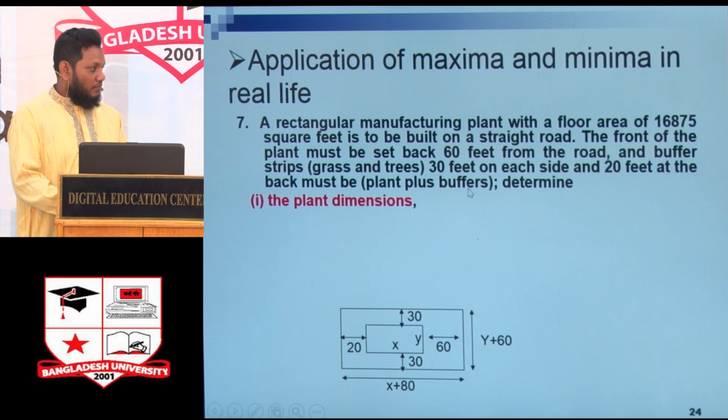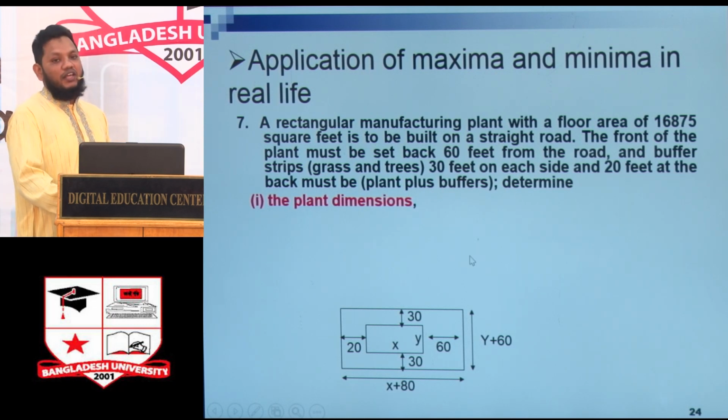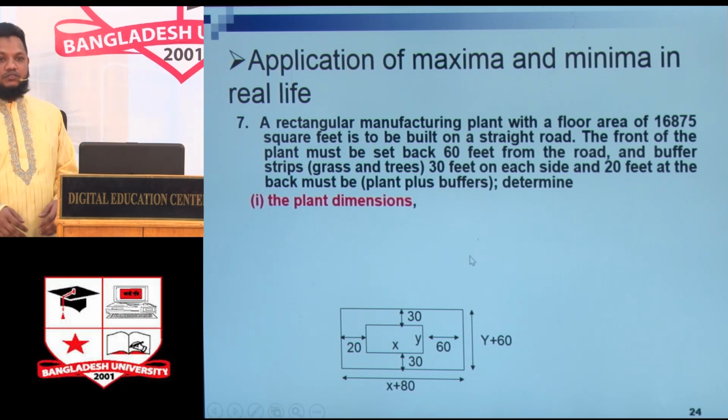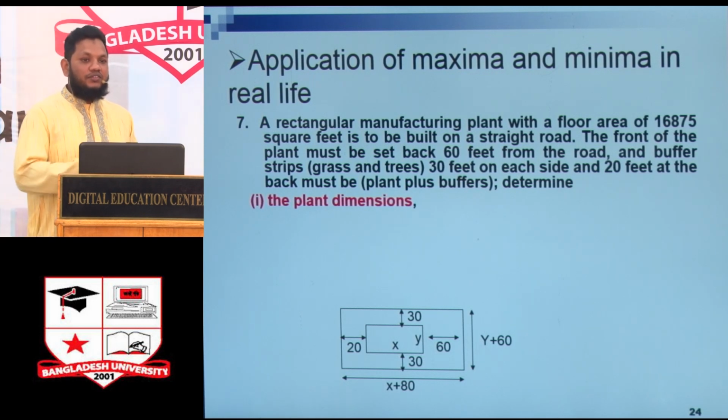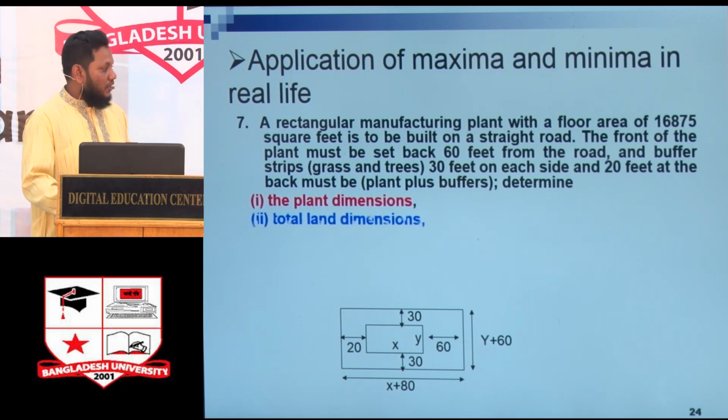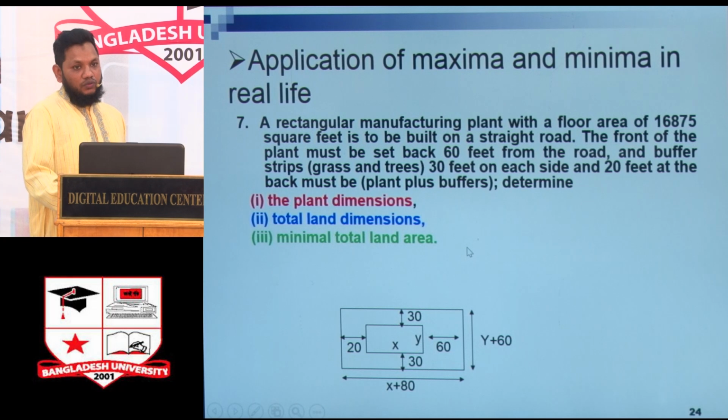Plant plus buffers: determine the plant dimensions. What will be the plant dimensions, that is, what is the length and what is the width, and what is the total dimension, and the minimum total land area? What will be the minimum total land area? It is our real life application.